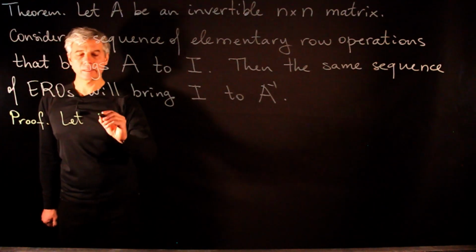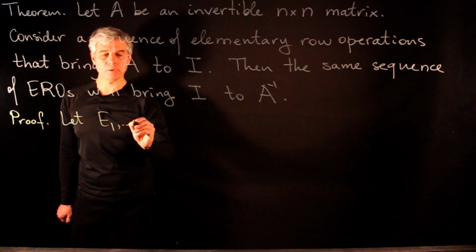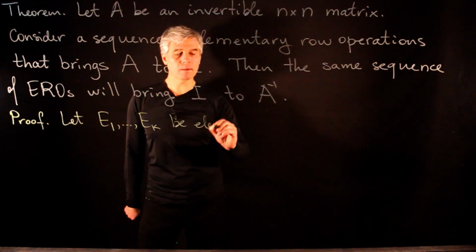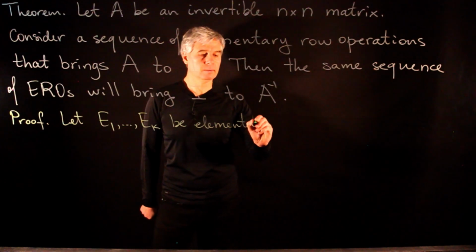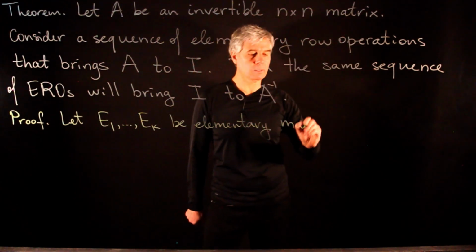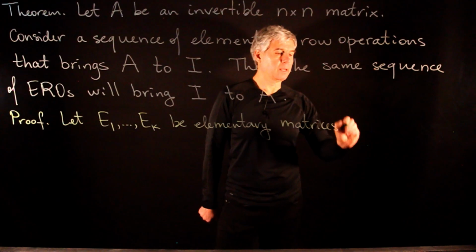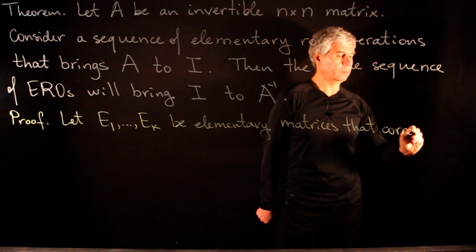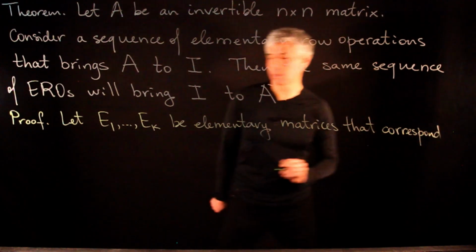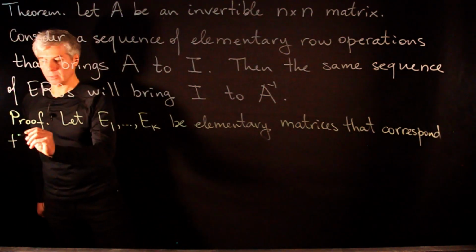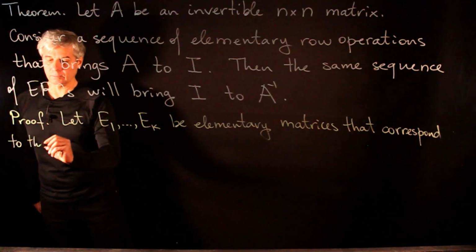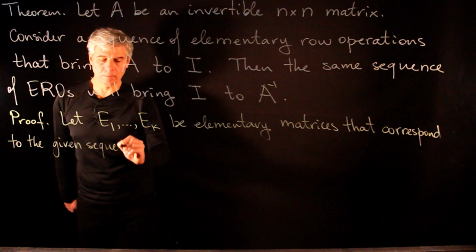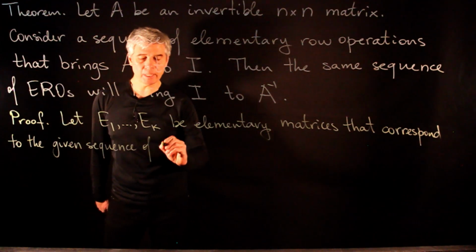So let's give a proof. Let E1 through EK be elementary matrices that correspond to the given sequence of elementary row operations.